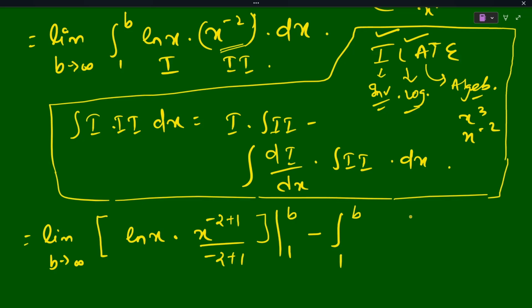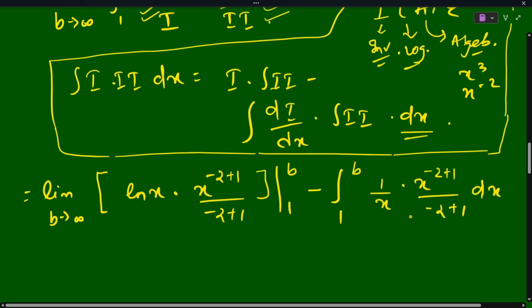Now the derivative of first with respect to x. So what is the first function? It is ln x. So the derivative of ln x would be 1 by x into integration of second. So the integration of the second function x to the power minus 2, I'm writing it directly, it would be x to the power minus 2 plus 1 by minus 2 plus 1, again dx, because there is another dx here.